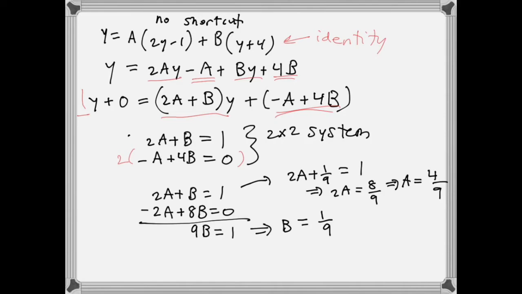Okay, so there you go. We were able to find a and we were able to find b. Now again, all of this that we just did is using no shortcut. Now let me do this on the next page with the shortcut, and you're going to see how much faster it is. So the shortcut.